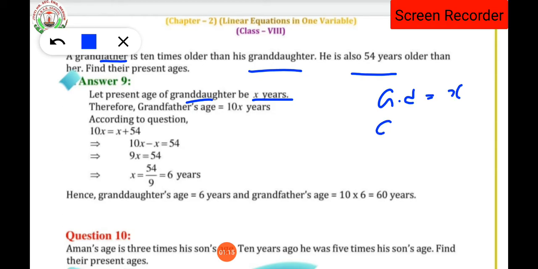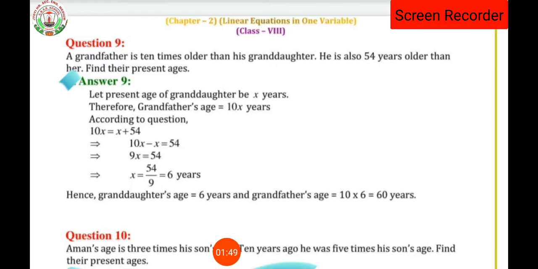Then grandfather's age: since the question says the grandfather is 10 times older than his granddaughter, if granddaughter's age is x, then grandfather's age is 10x. Then he is also 54 years older than her, that means 54 will be added.